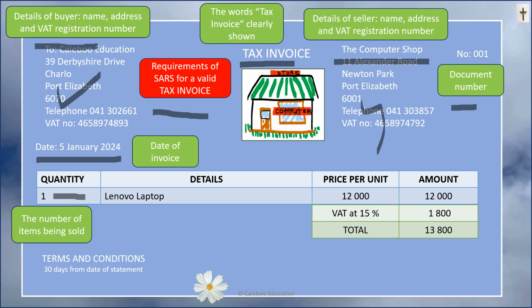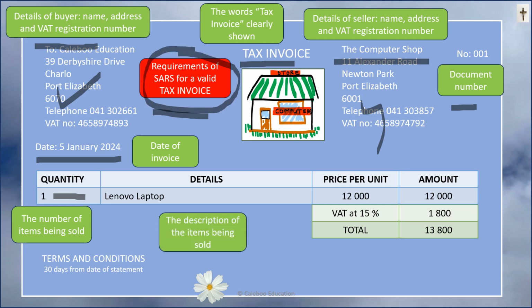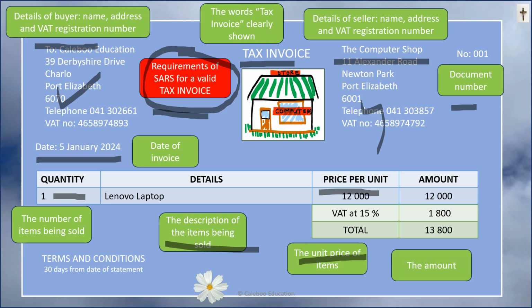All these details need to be on the document to make it a valid tax invoice. A description of the items being sold, the unit price per item, and the total amount.